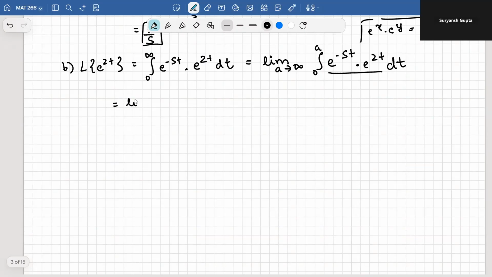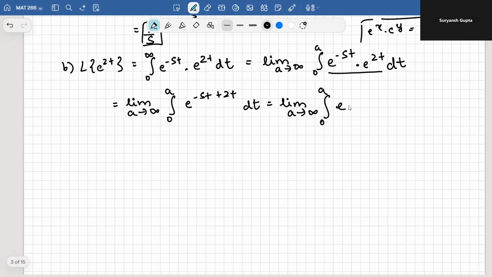So my next step becomes limit of a tends to infinity with my integral going from 0 to a, e to the power minus st plus 2t times dt. I can then simplify this even further, with my integral going from 0 to a, e to the power minus (s plus 2) t.